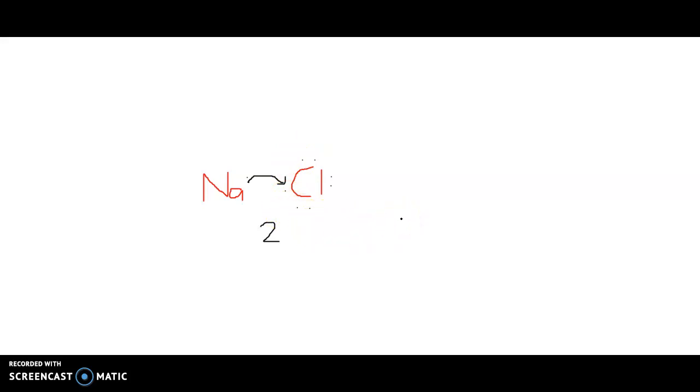If we have an electronegativity difference between 0.4 and 2, that's going to form a polar covalent bond.